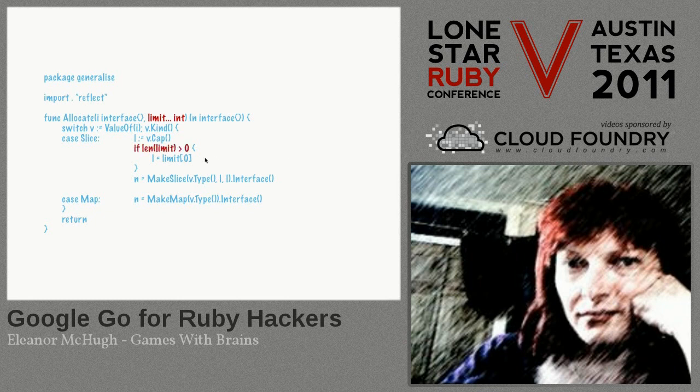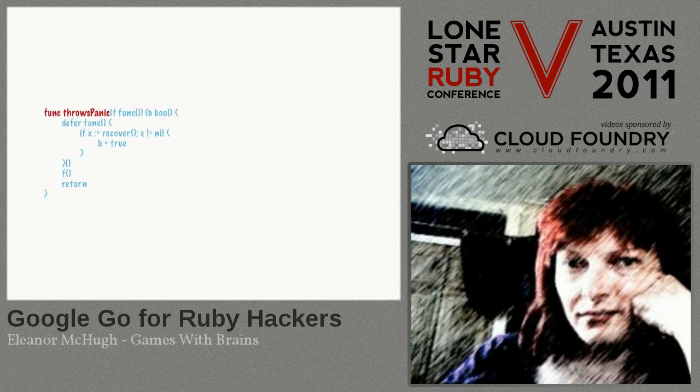I'm only interested in the first argument anyway. I just want to know if there's a first argument, in which case that's the new size I'm looking to play with. Otherwise, I use the pre-existing size. Nothing exciting there. It will just return whichever kind of type I want to create, with the slight wrinkle that I have to turn it back into an interface, because everything in reflection creates reflection values. So you then have to take the interfaces from them.